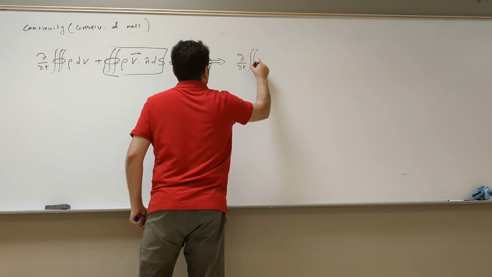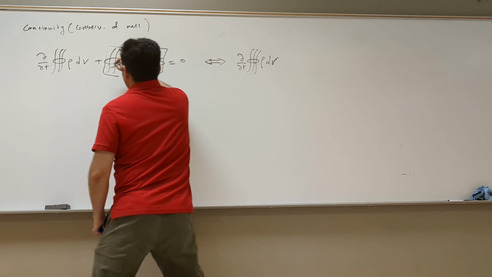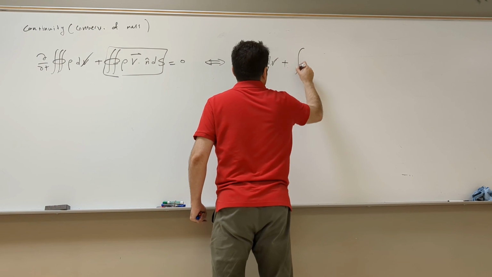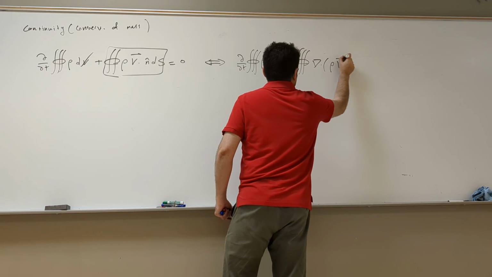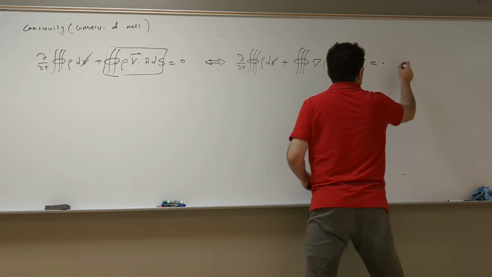Partial t of the volume integral of rho dV, plus this becomes the volume integral of divergence of rho v dV, equals 0. Factor everything, what do you get?